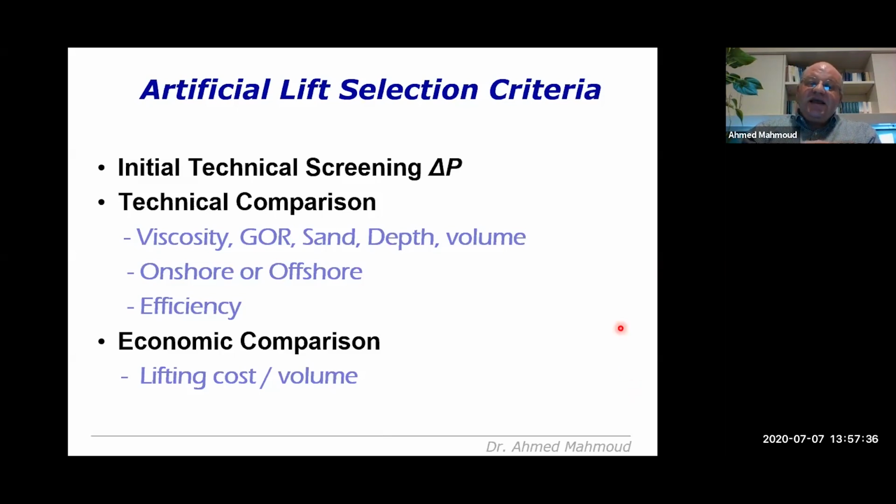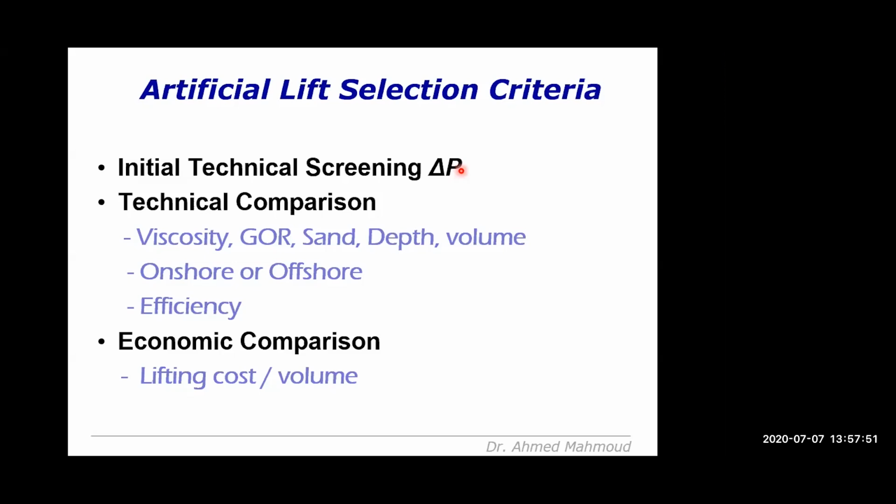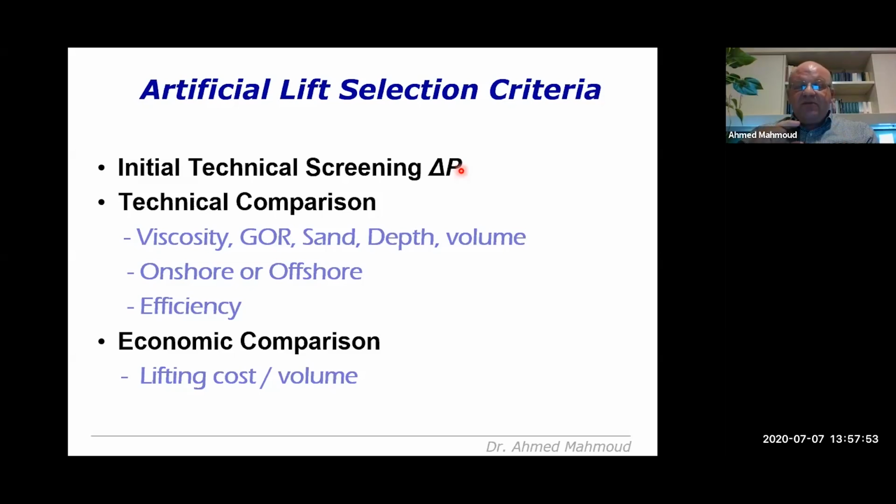The initial technical screening is related to delta P. You cannot go around that, okay? You have to know your IPR curve. You have to have drawn your IPR curve. You know your inflow, outflow, you know where they intersect. From this delta P, you will be able to decide which artificial lift method is best for you.